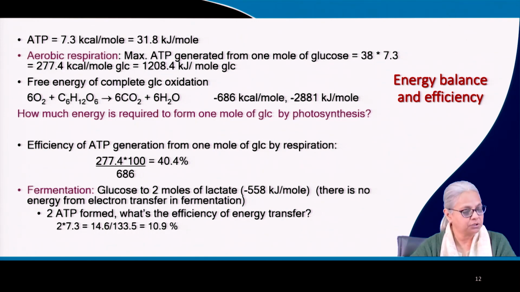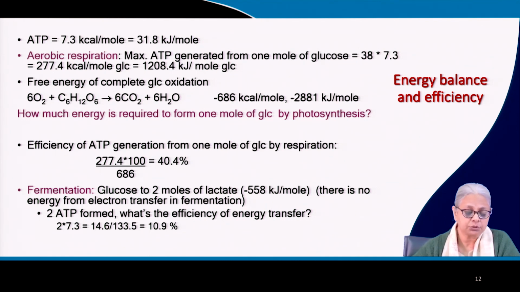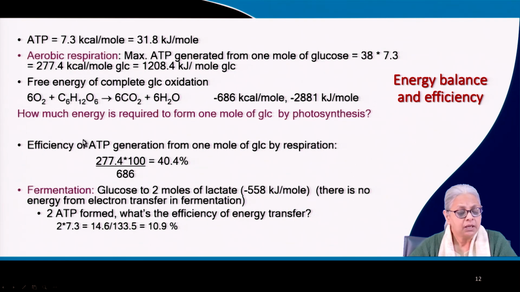That's pretty good from nature's perspective, literally. Okay, so we come to fermentation, where glucose is converted to various end products. In this example, the end product is lactate. In this process, 2 ATP are also formed. If I were to write the chemical reaction for 1 glucose going to 2 moles of lactate, then the delta G0 for that reaction is minus 558 kilojoules per mole.